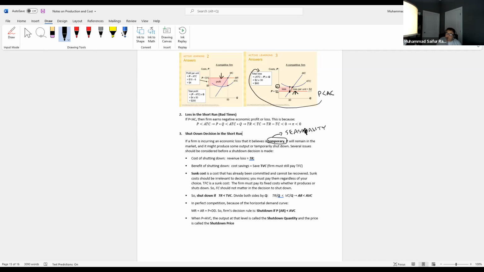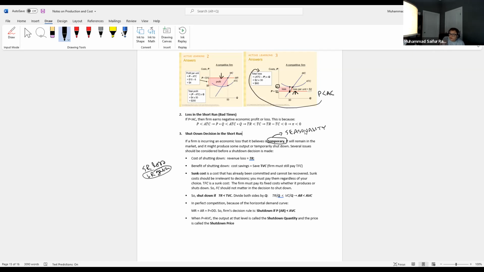The trade-off that our firm faces is between a short-term loss versus long-term gain. If the short-term loss is small compared to the expected long-run gain, I would argue that a firm might produce even at a loss. That is a very important point.